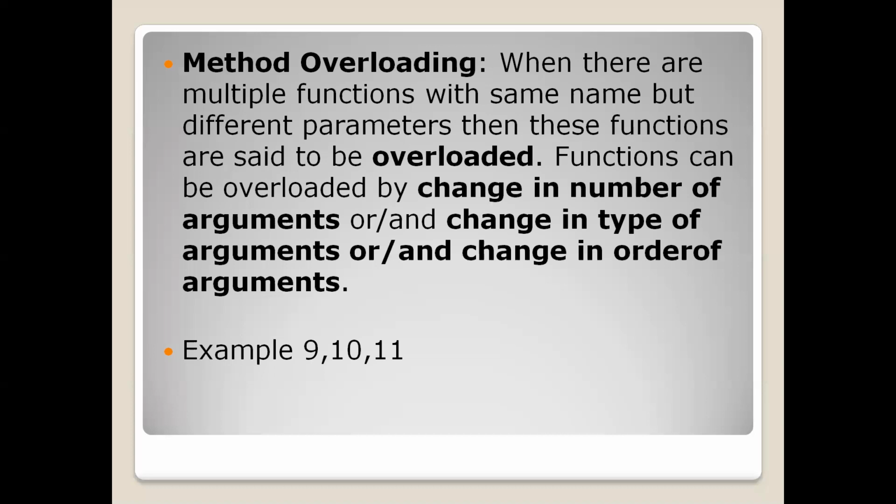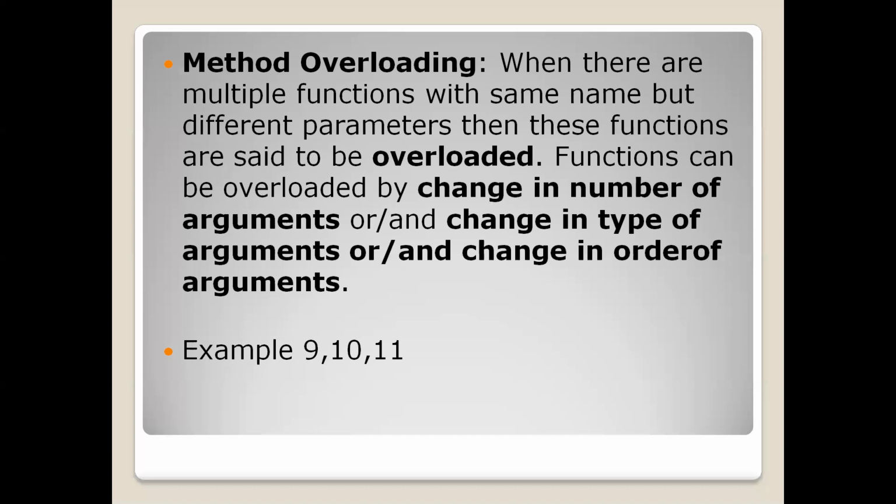So here, compile-time polymorphism is achieved by method overloading or function overloading. Method overloading means two or more methods will have the same name but different parameters. Different parameters means the change can be in three ways: in number of parameters, in order of parameters, or in type of parameters.